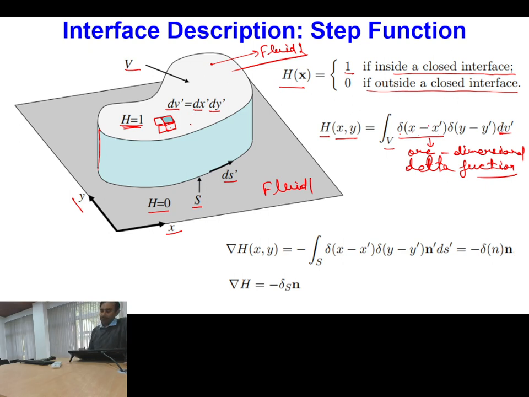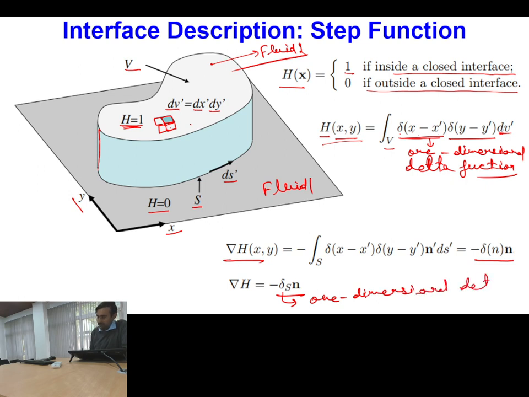Okay, so if I take the product of one-dimensional delta functions and then do this integration, it will finally give me the entire discontinuous step function, and the gradient of this function will be nothing but equal to delta s into n.